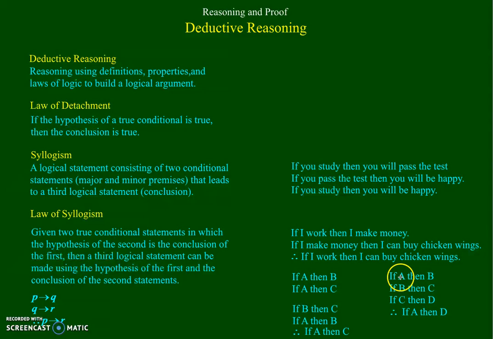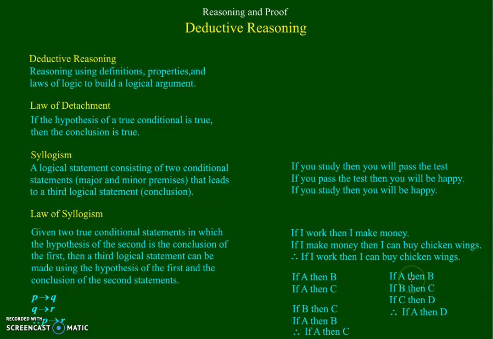So in this case, if A then B, if B then C, and if C then D are all true, then we know that A must lead to D. Therefore this final conditional statement can be written: if A, then D. So it doesn't just have to be two, it can be 3, 4, 5, any number.